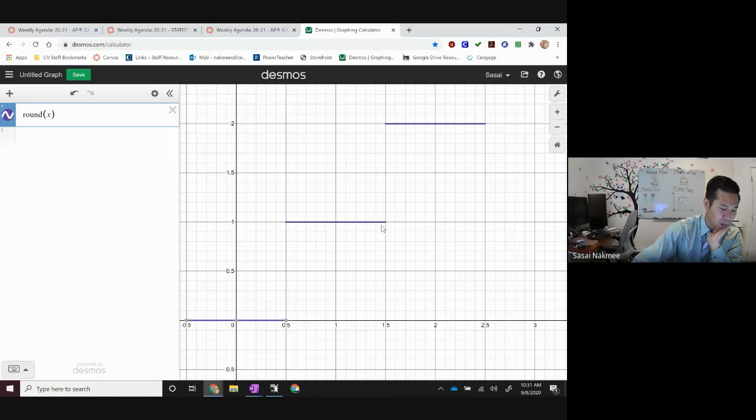So you'll have an open hole here, whereas up here, you'll have a solid dot at 1.5, because at 1.5 you then round it to 2, right? So that's a jump discontinuity. It makes sense why it's called a jump discontinuity, because it runs up to here and then it jumps to the next one, right? It runs up to here and then it jumps to the next one as well. So that's that.